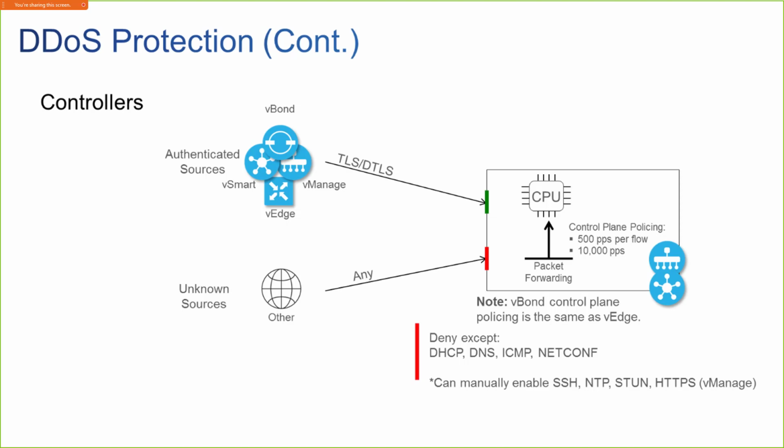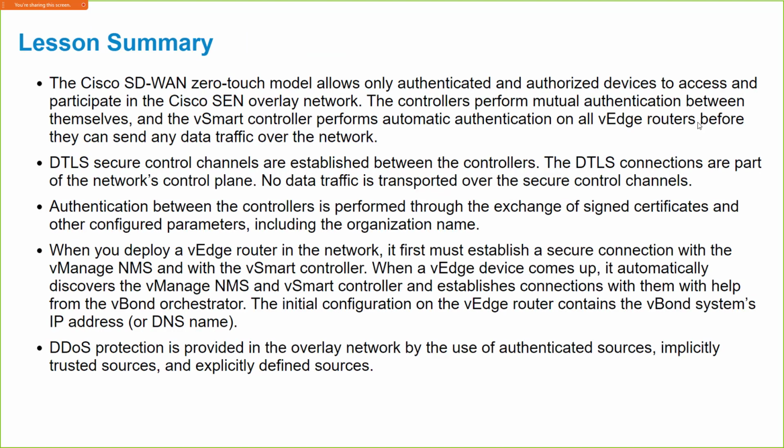If you're familiar with the control plane policing concept, it's really no different here. We're limiting packets per second based on a flow, and some flows have more priority than others. OMP is obviously going to have pretty high priority, but some other flows might have lower priority.